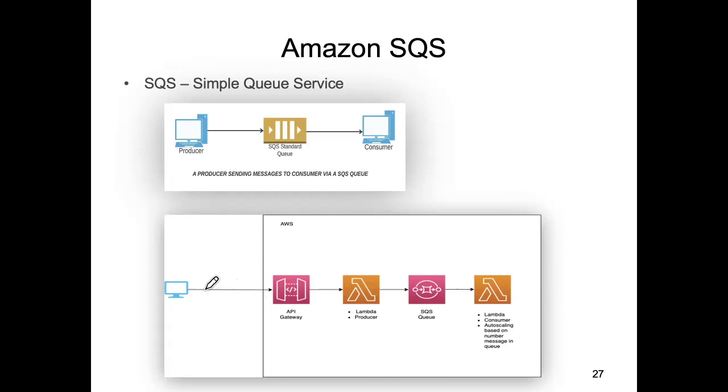A simple example might be, I upload a video and this maybe does some basic processing, it just records into a database that the video has been uploaded, and it puts a message into the queue indicating that a video has been uploaded.